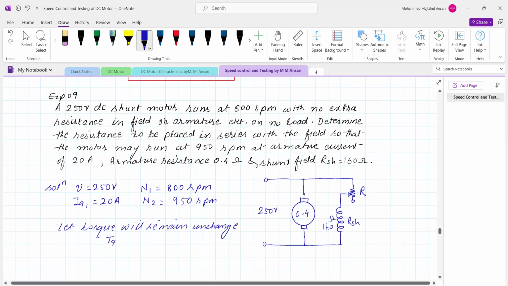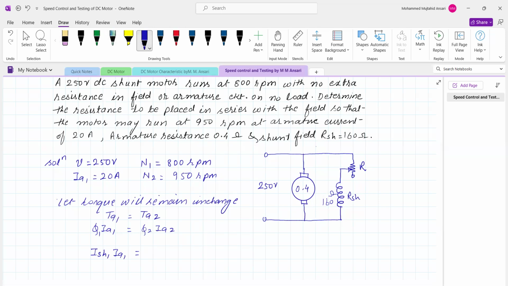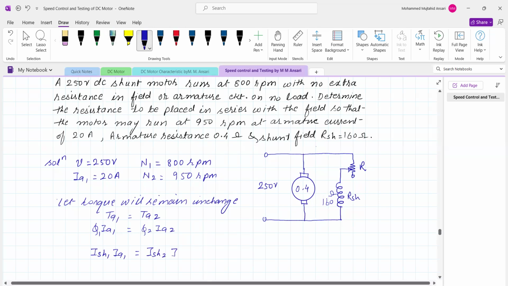So TA1 is equal to TA2, and the torque is directly proportional to flux into armature current: flux phi1 into IA1 and flux phi2 into IA2. Now this flux is replaced by ISH1 into IA1, which is equal to ISH2 into IA2.